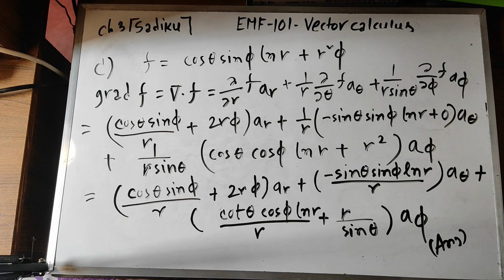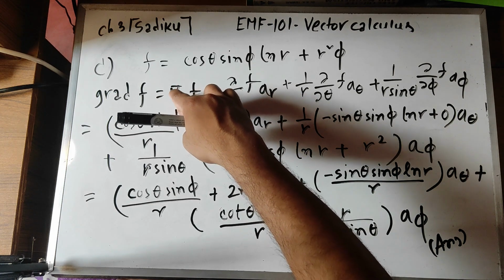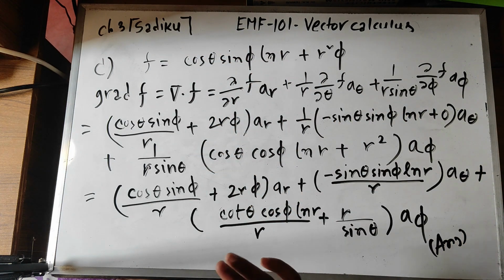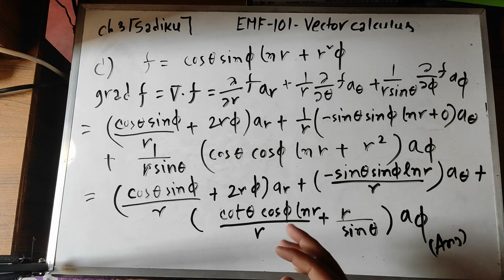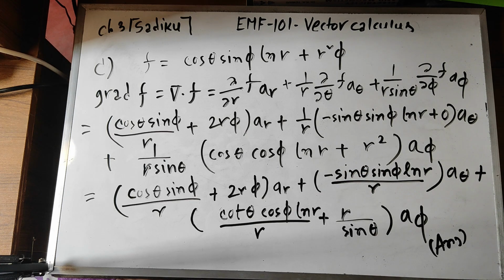So this is it. It's very easy. If you know how to do partial differentiation, you can easily apply the del operator to any scalar field in any coordinate system and find the gradient. And gradient is a vector that indicates the maximum rate of increase or decrease in a certain direction.